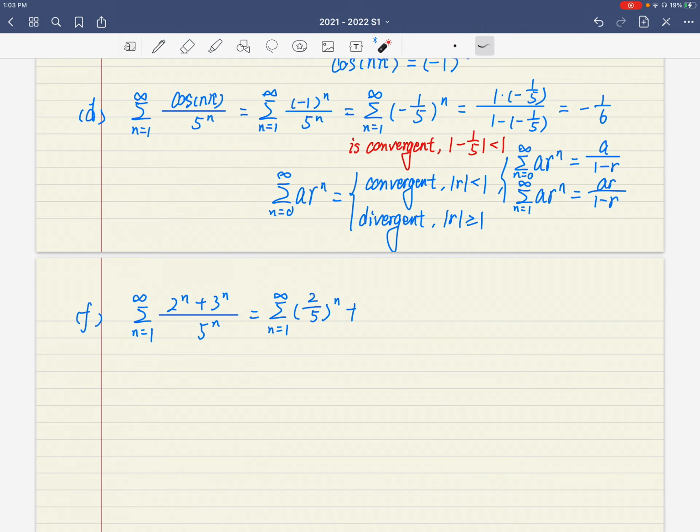The first part is 2 over 5 to the power of n, and the second part is 3 over 5 to the power of n. Both are geometric series with ratio r smaller than 1, so they're both convergent. So the sum is also convergent.